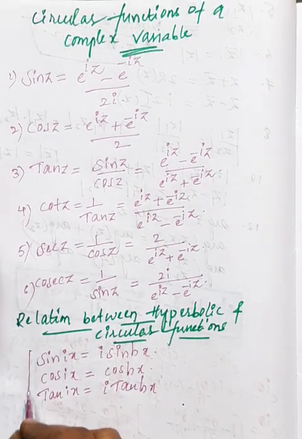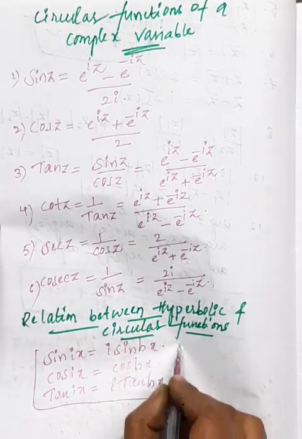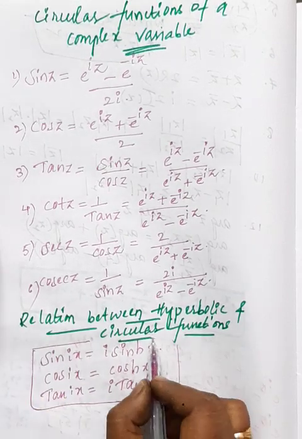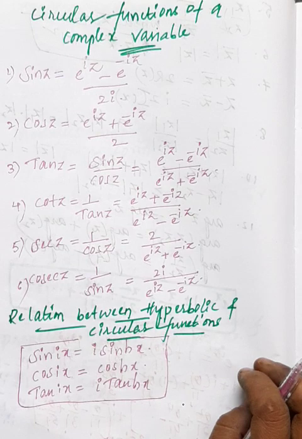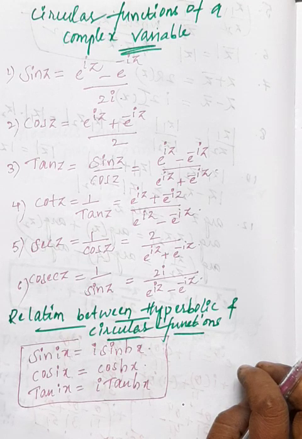These are the three important relations between hyperbolic and circular functions of a complex variable. Sin ix is equal to i into sin hx, cos ix is equal to cos hx, tan ix is equal to i into tan hx.